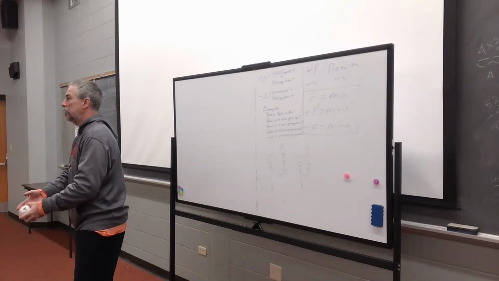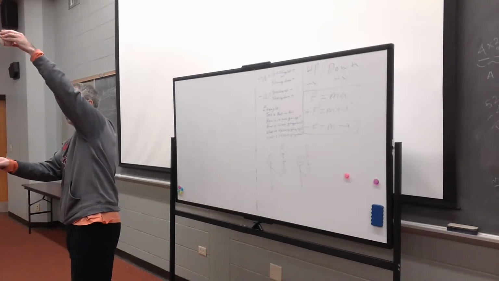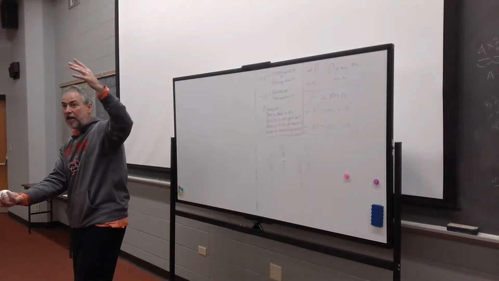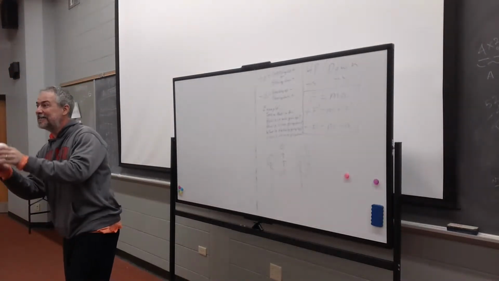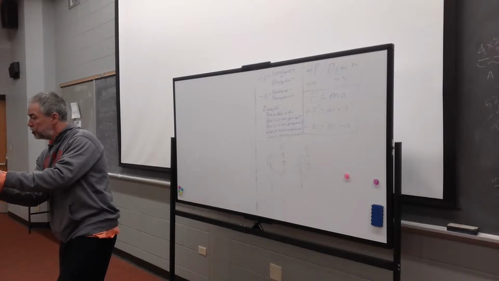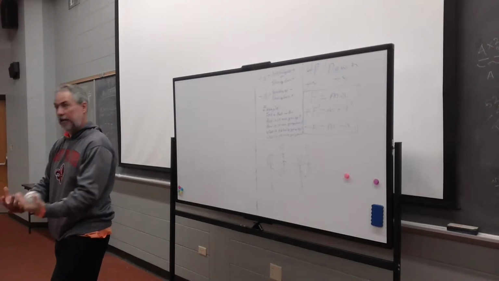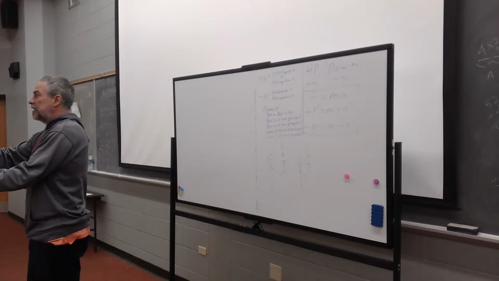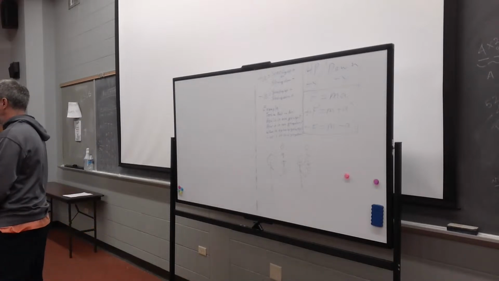I'll give you an example of that. The ball is falling down. When I slow it down, I gave it a positive acceleration because my hand was pushing on the ball more than the planet was pulling down on it. I had a positive unbalanced force. So the acceleration had to be positive.